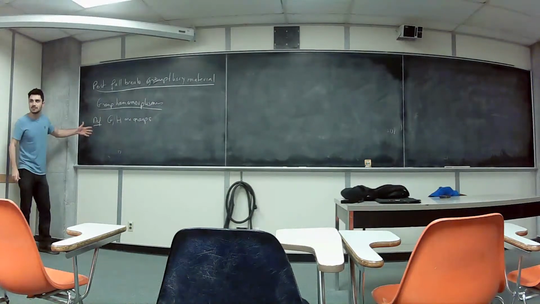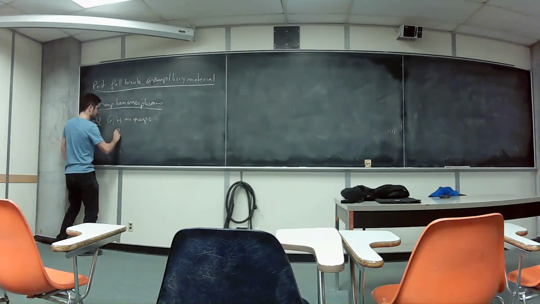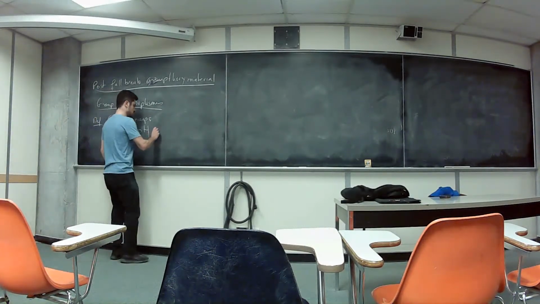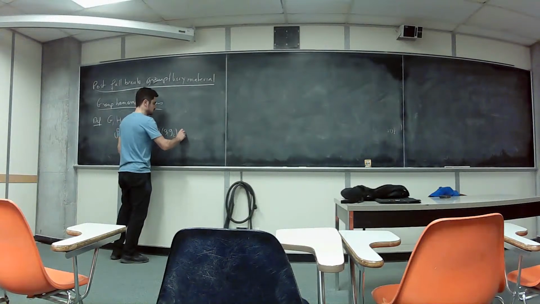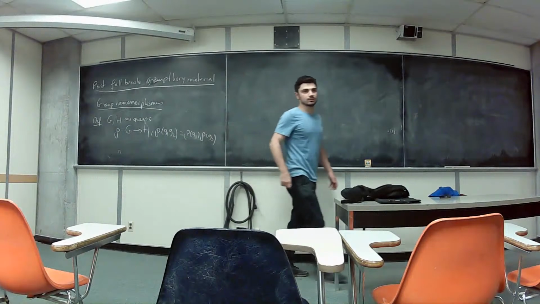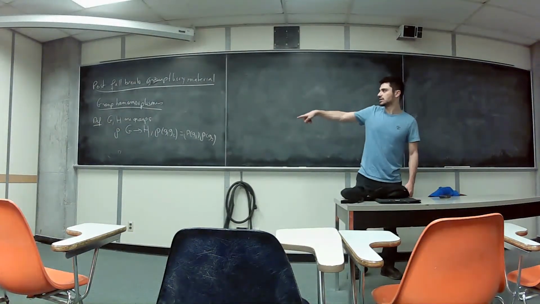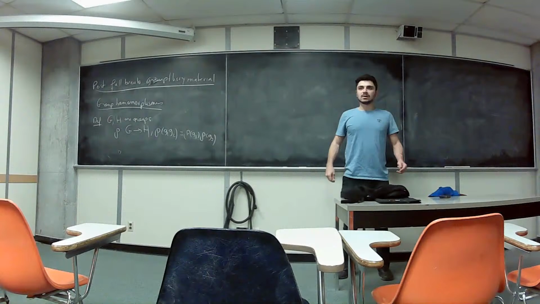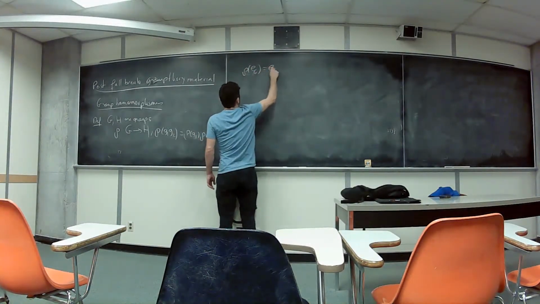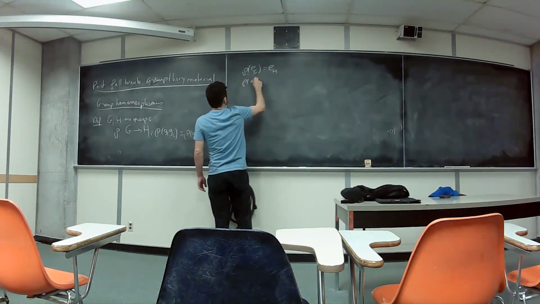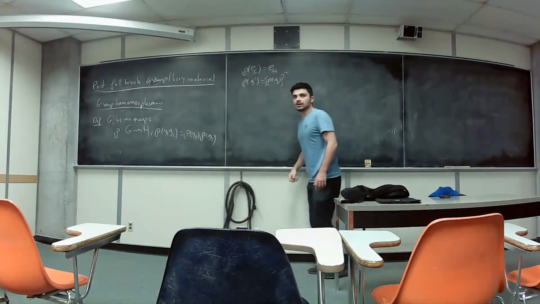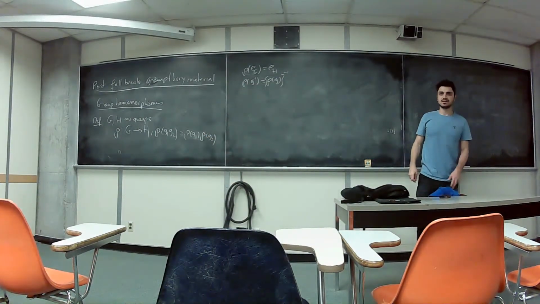It's a function rho from G to H such that rho(g1 g2) is equal to rho(g1) rho(g2), where every operation is happening in the corresponding group. This is multiplication in H, this is multiplication in G. Then we saw that rho(e_G) is equal to e_H, and rho(g inverse) is rho(g) inverse. These are two properties of homomorphisms that we have seen. You remember that?